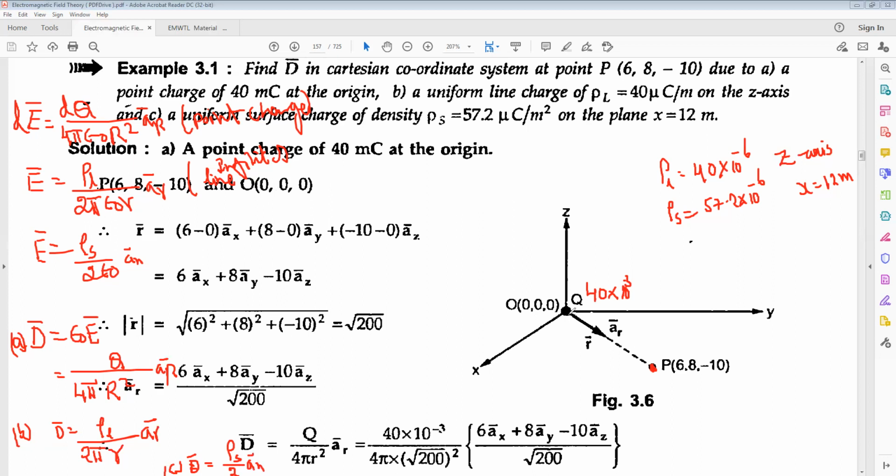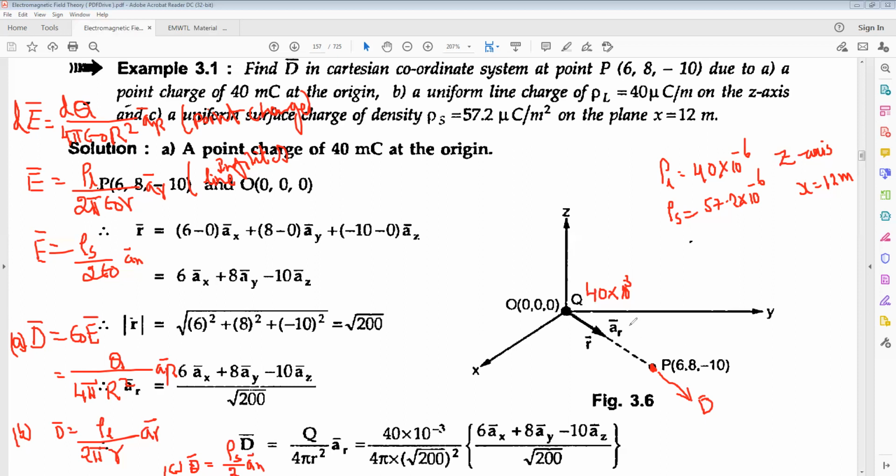Given R bar, you can find it from the origin to the point P, at which we have to find the electric flux density D bar. The sending end is 0, 0, 0 and the receiving end is 6, 8, minus 10.